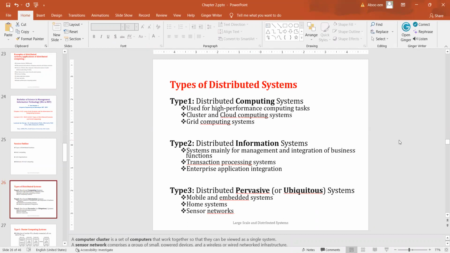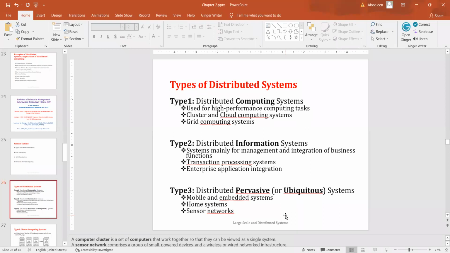Distributed, ubiquitous system. Can't you find any type 3 system here? Distributed, pervasive, or ubiquitous system.